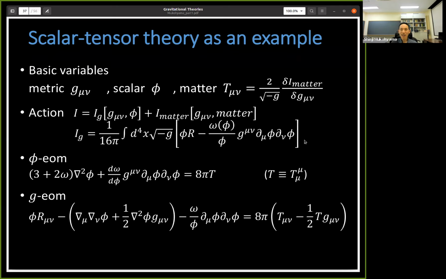We also have a kinetic term of the scalar field, which is the first derivative squared, multiplied by some function of phi. This is the action, and we have the equation of motion for phi in this way, where the scalar field is sourced by the trace of the stress energy tensor. And the equation of motion for the metric, in other words a modified Einstein equation, is of this form.